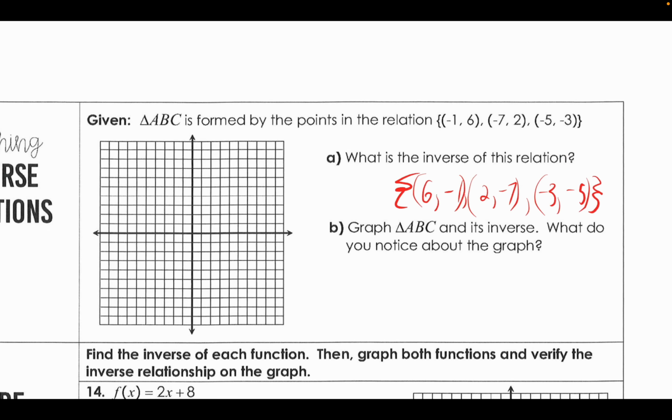So they pop. So negative 1, 6, negative 7, 2, and negative 5, negative 3. And then I'll graph the new. Oh, that was 6, positive 1. There we go.